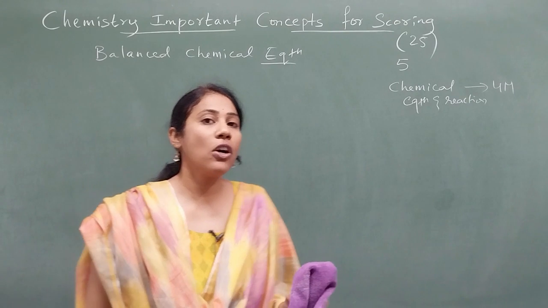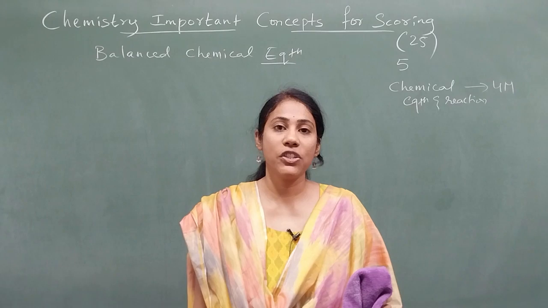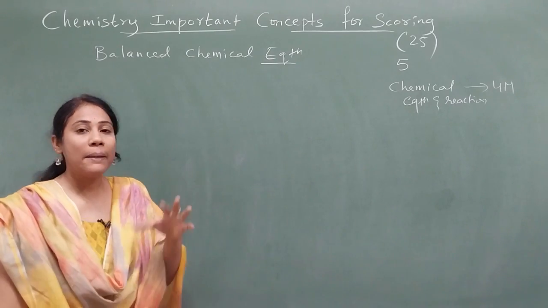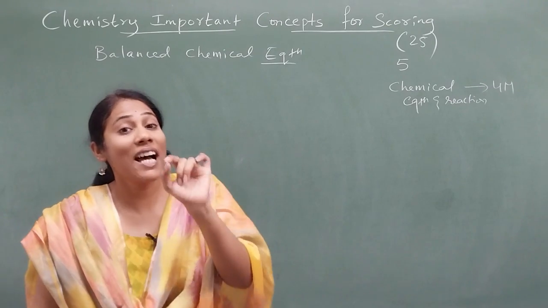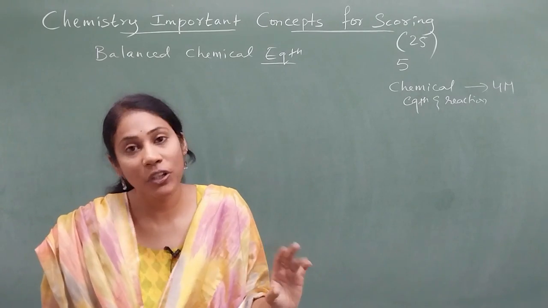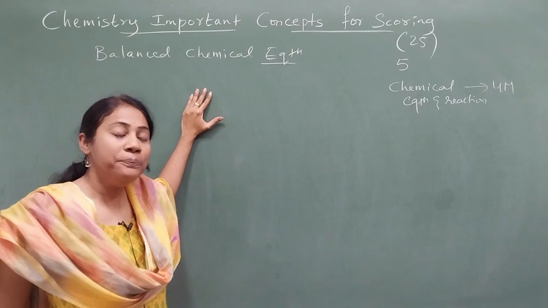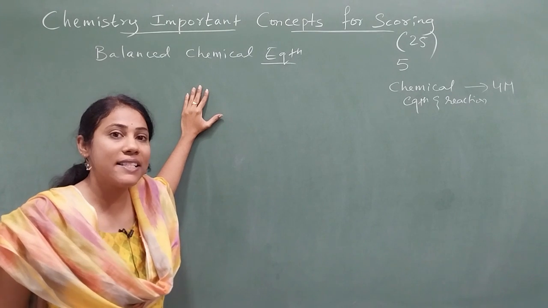Whichever concept they ask, don't forget to write the balanced equations. Why? Because sometimes even if your sentences are grammatically wrong, the moment they see a chemical equation, chances are there to get full marks for that particular question. This is one tip that I am giving you as a teacher. So don't forget to write the balanced equation.